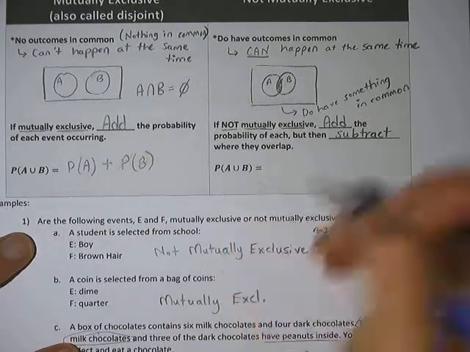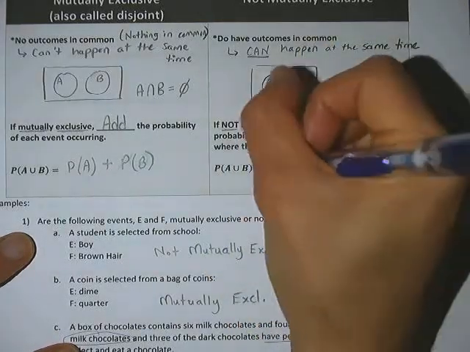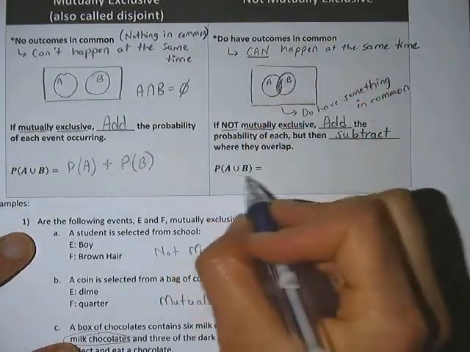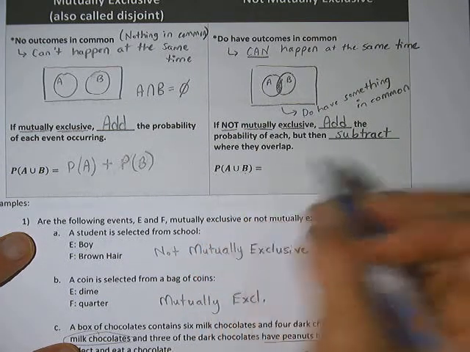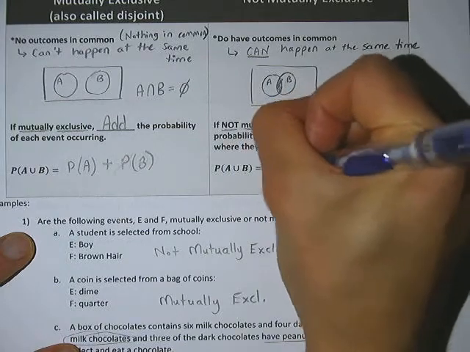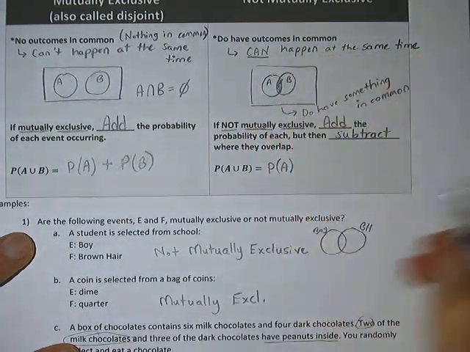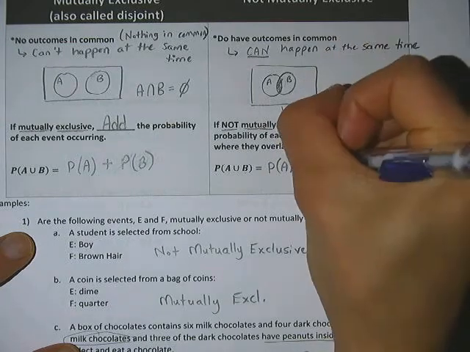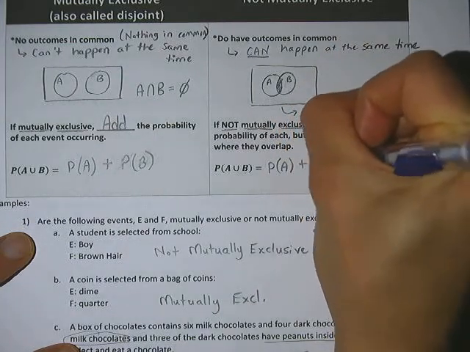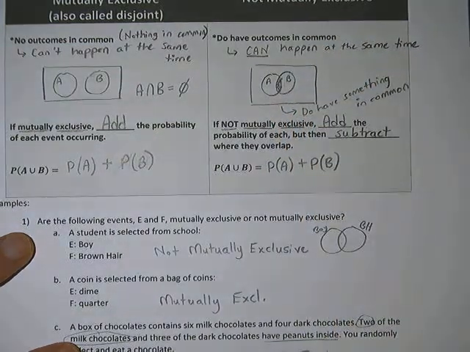All right, so the way that translates into notation is if it's still the same problem, probability of A or B happening, but the reason why you have to do it a little bit differently is because now they have that overlapping part. So you'd calculate the probability of one of them happening plus the probability of the other event.